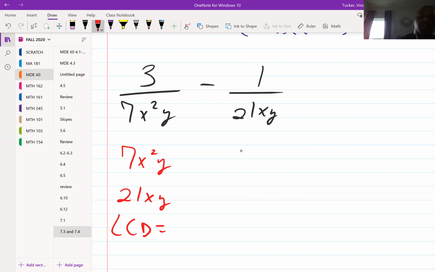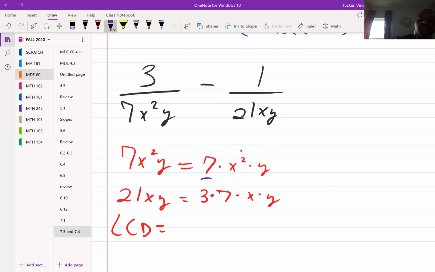All right. So when I look at this breakdown, I can't break down 7 any. That's x squared y. When I look at 21, that's 3 times 7 times y. So just like when we're dealing with the expressions, you want to take the highest representation that you see of each number.